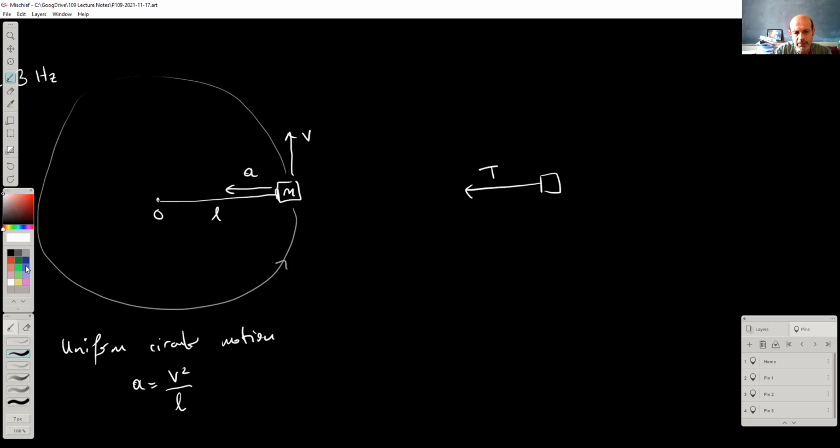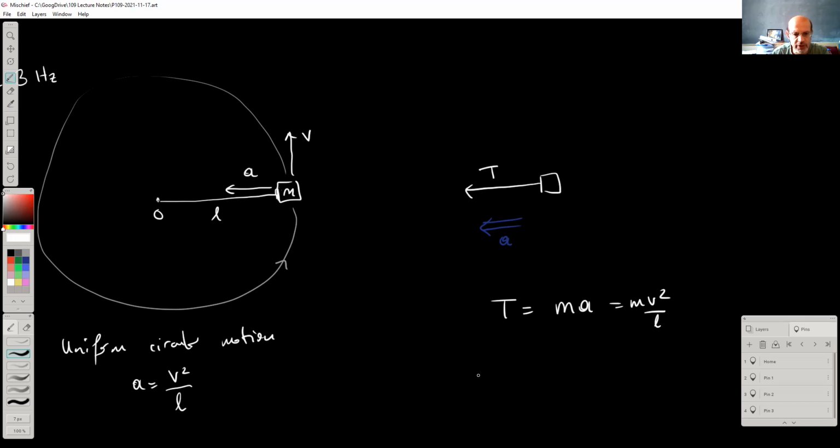There's a tension force applied on it. As a result of that tension force, the object has an acceleration a, and so therefore Newton's second law says that the tension is equal to mass times acceleration. Once I find the acceleration from the given information, I can then find the tension.